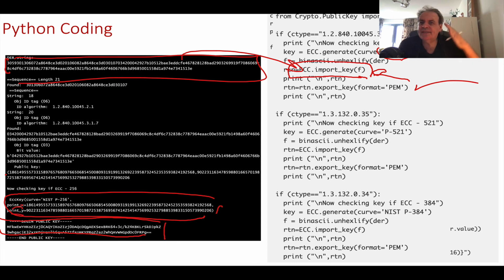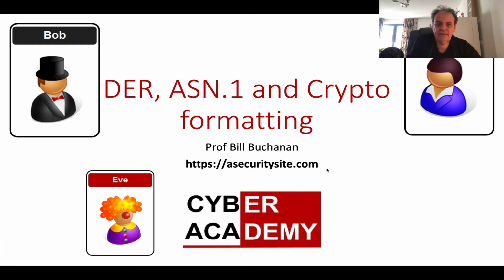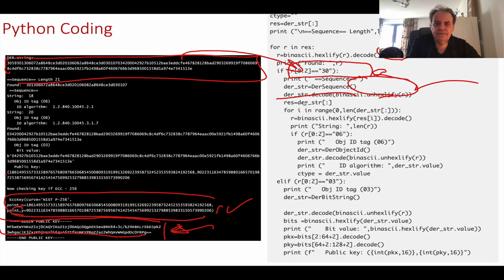If it was the wrong key for the wrong curve, then it would give us an exception there. So we can see here it works okay, so everything's fine. And then what we do is we can then output or export the key in a PEM format, and we can see that there. Okay, so let's see if we can get that to run.